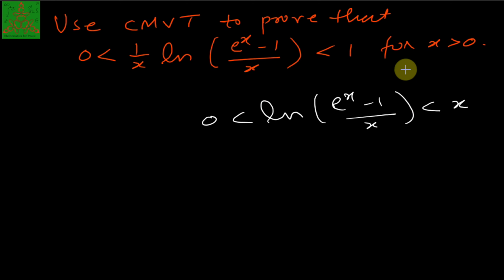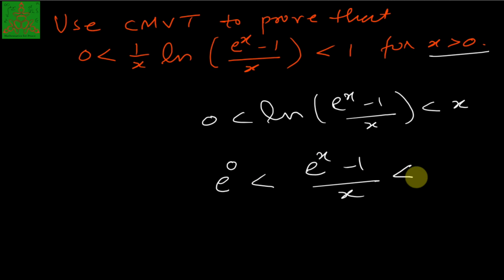Since x is positive, multiplying by x will not change the inequality. If I take the e power, e power 0 (the ln of e power 0 will give me the same thing) upon x is less than e power x. This suggests you take e power x, and this 1 I will take as e power 0, and x minus 0. So this is my function f and this is my function g.